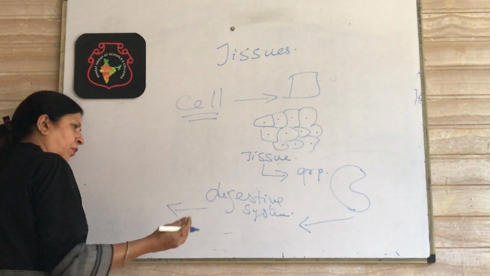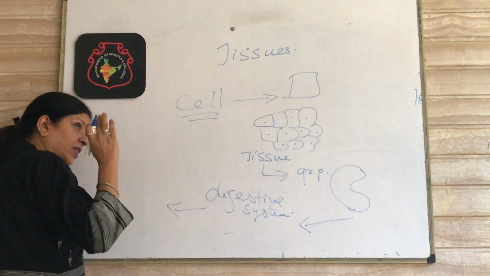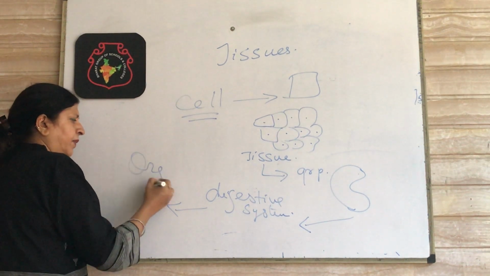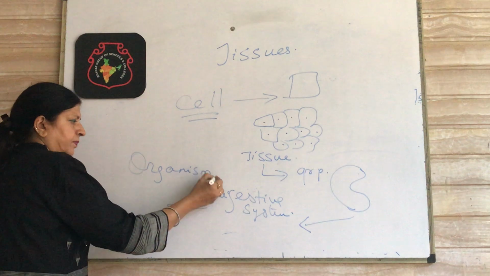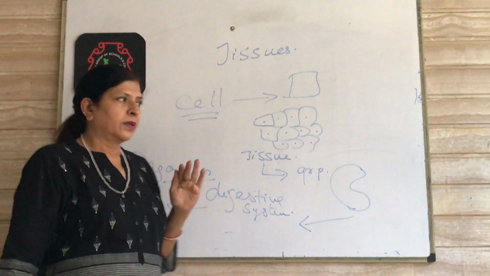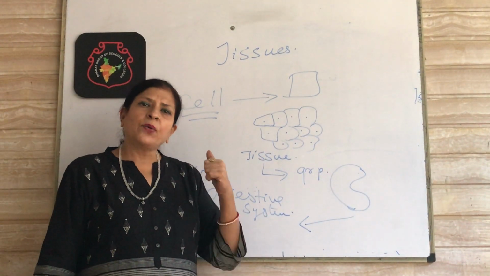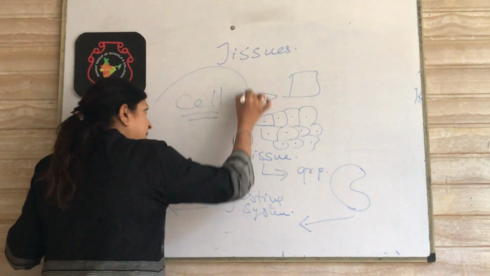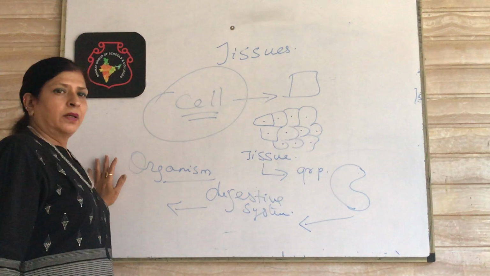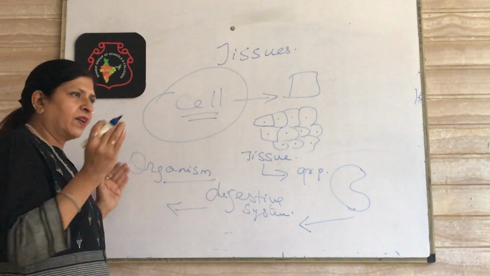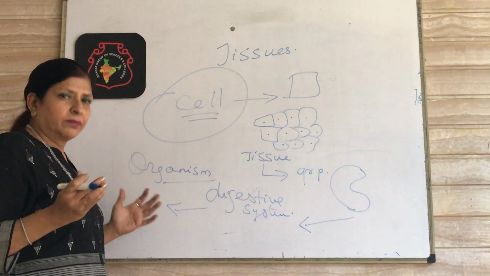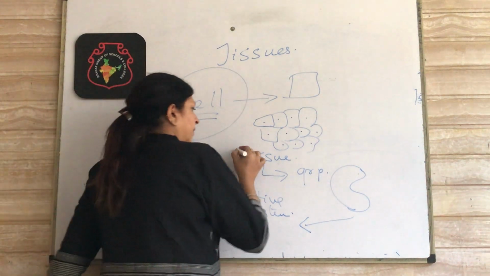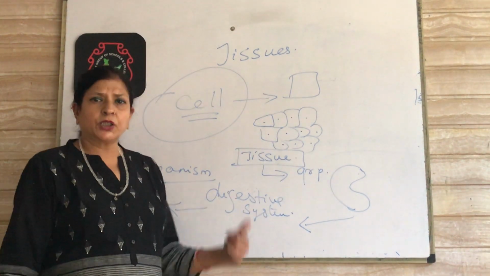And these group of systems, they make an organism. Right? Now here you notice that this one cell, when I group it up, many cells, where we see the tissue.